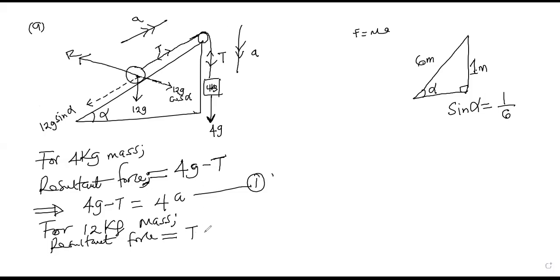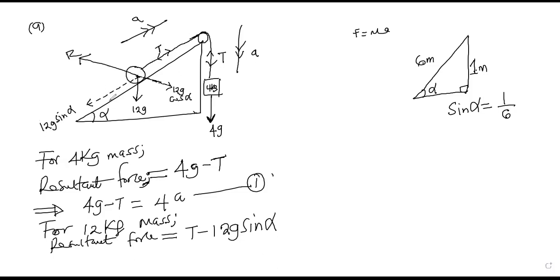T minus 12G sine alpha. Very good. That is the resultant force. T is moving the whole body up, but there is this force in the opposite direction.